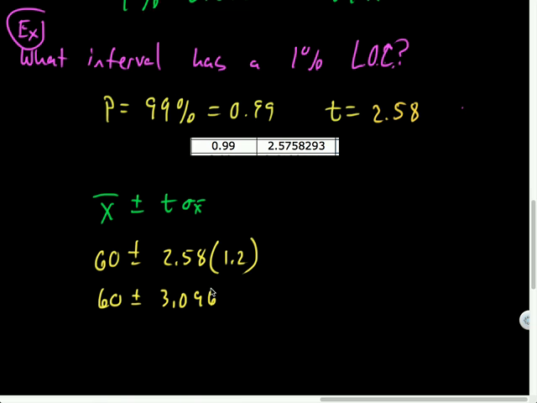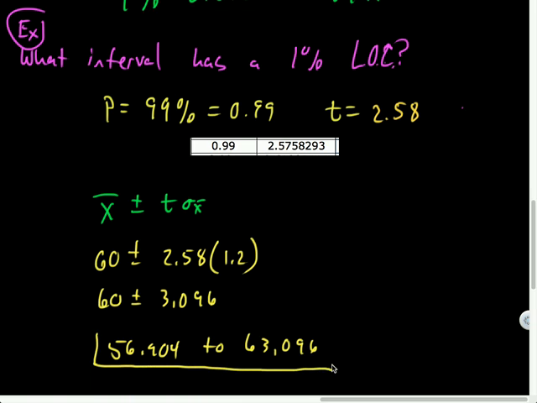So I'm going to do 60 minus 3.096, and I'd get my interval's lowest point, 56.904, and adding that to 60, I get 63.096. And there's my interval in which my level of confidence is 1%, which sounds bad. It means that I'm 99% certain that the true mean is between those two points.